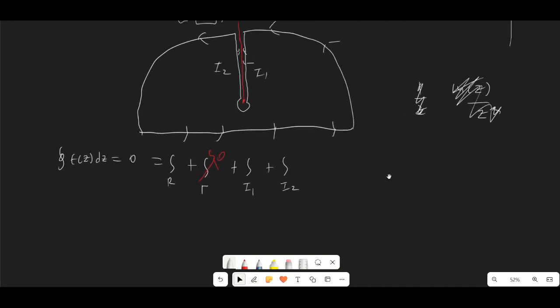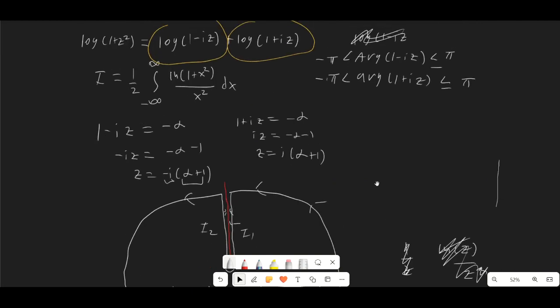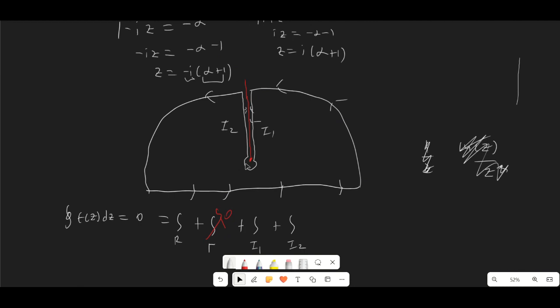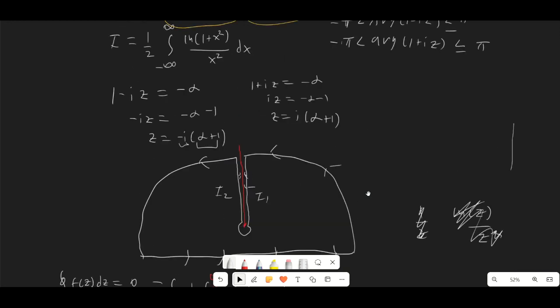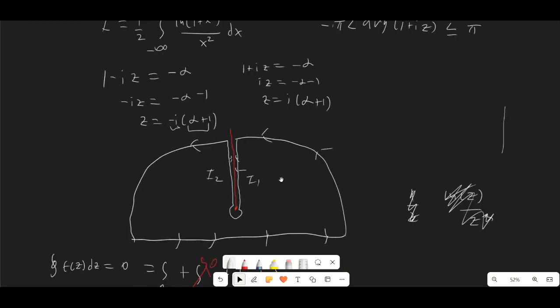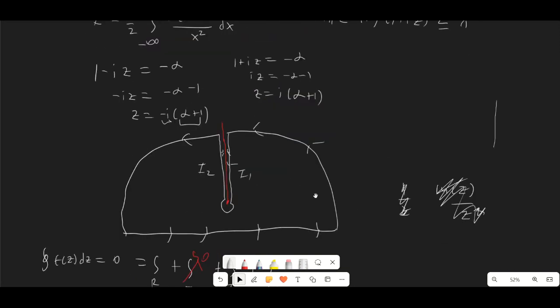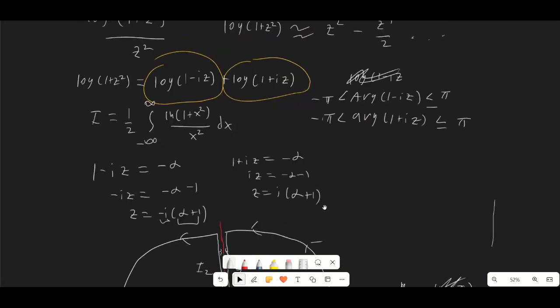There's just one difference, and that's the contribution from this natural logarithm is going to change, because from this natural logarithm's perspective, we're actually going a full circle around when we go from I1 to I2. So notice if we plug in some point in the positive half plane here, we're going to get a value. Let's say we plug in the point right here.